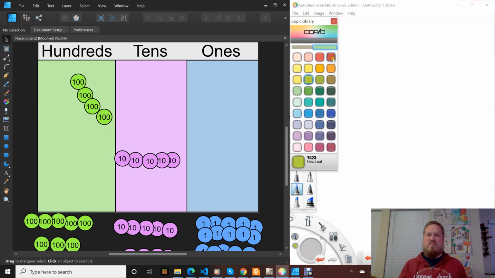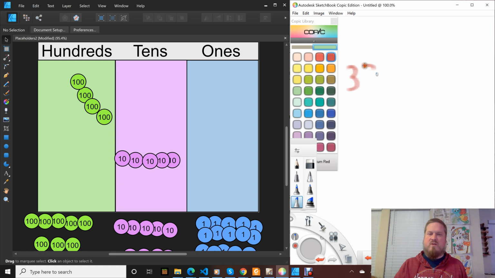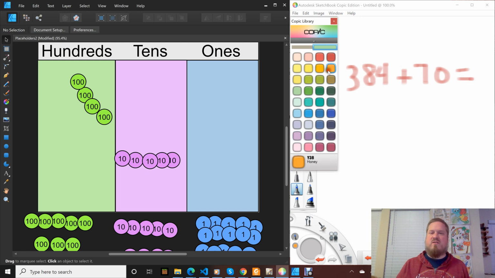Here's our final problem. So let's say we're adding up 384 plus 70 equals what? This part can be broken down in a number bond as the little number 4 plus 380.